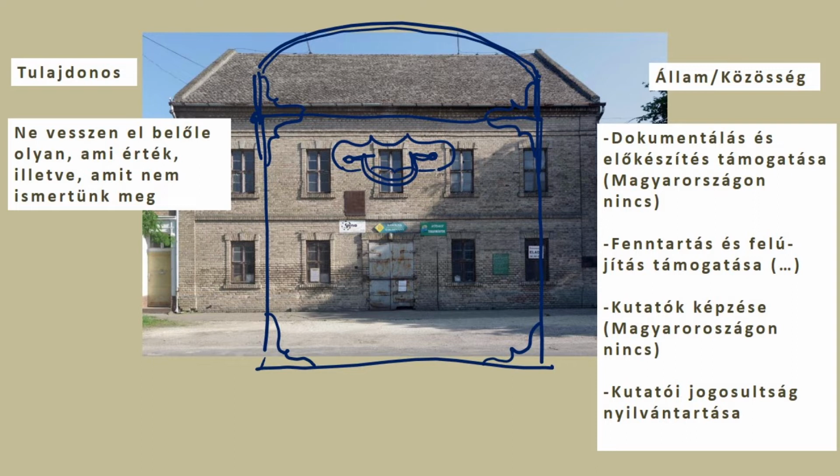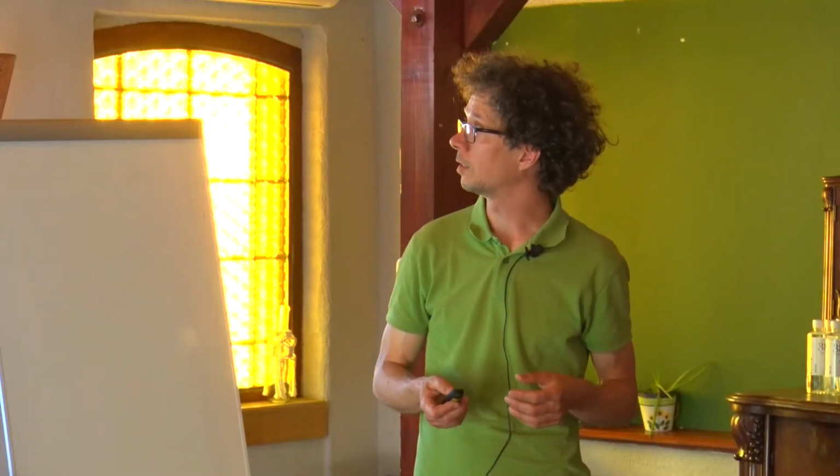Every research will unearth some new values about the building, but also the old values will be present. Well, research and protection is shared between the private owners and the public owners. These values are not always freely available for everyone.